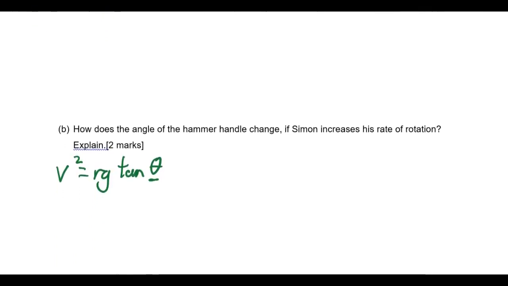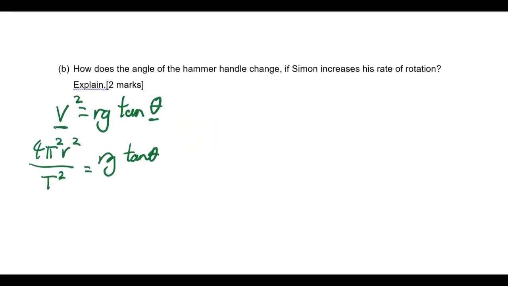I can first of all expand the term v squared because it's 2 pi r over T. If I expand, I get 4 pi squared r squared over T squared equals r g tangent of theta. Yeah, and then what happens next? Simplify a little bit.